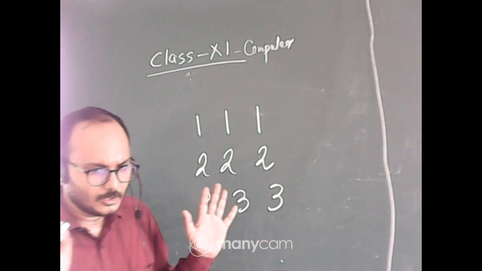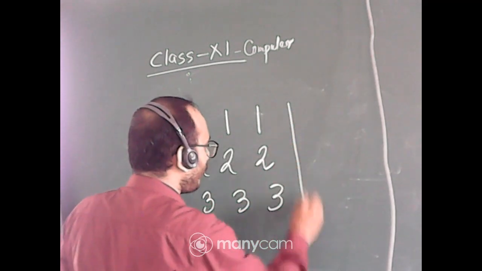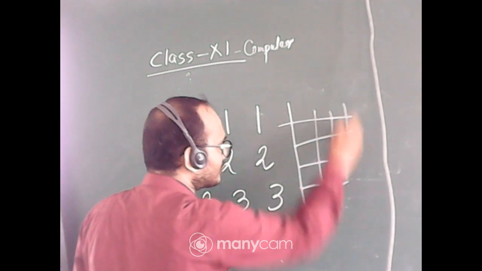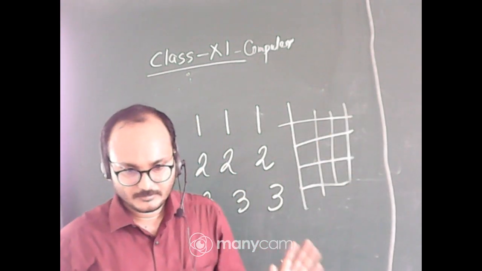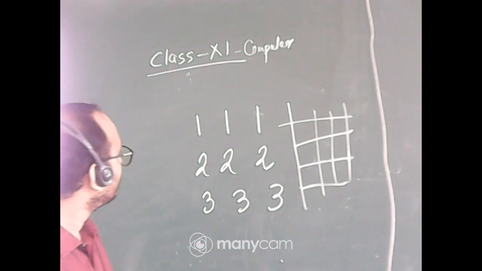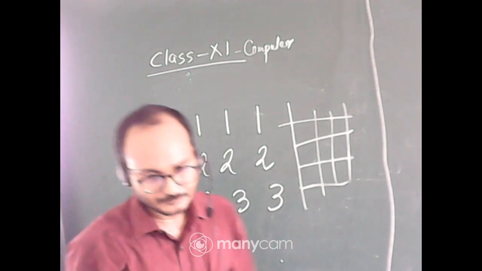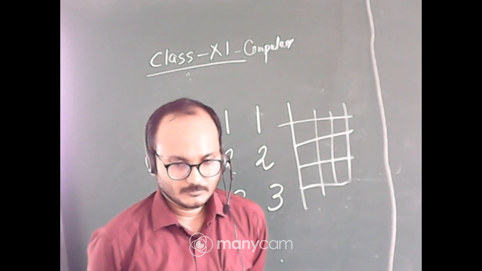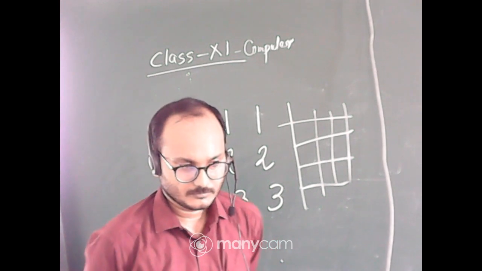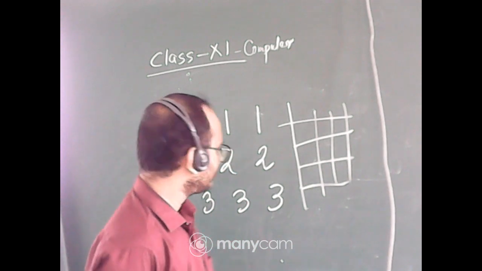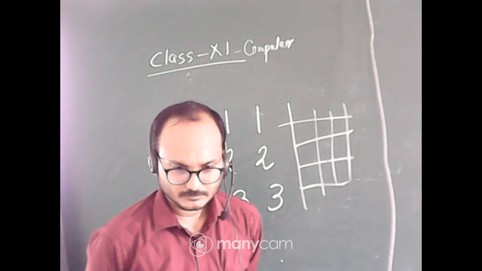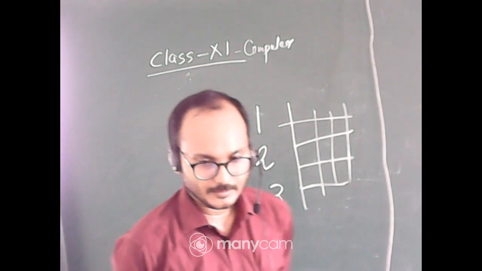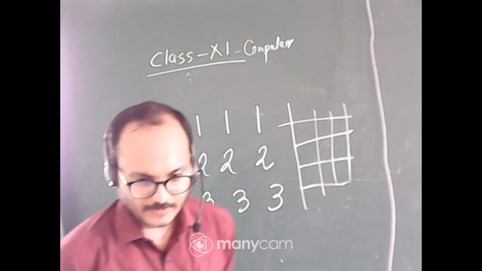Just understand how a nested for loop works. Can you do this one? Okay, do it fast, do it fast.